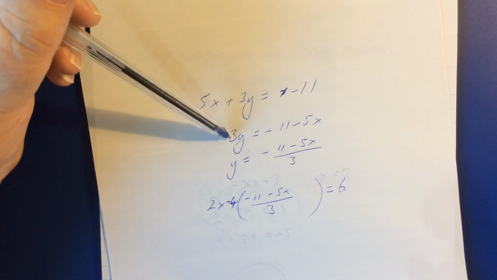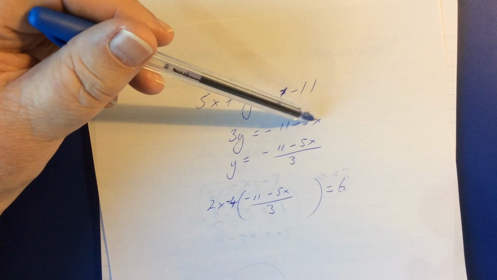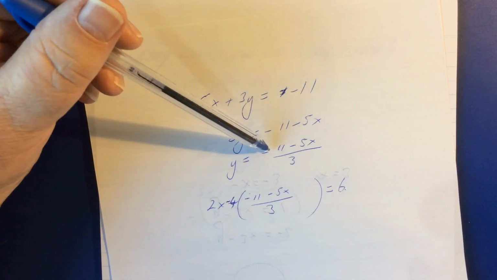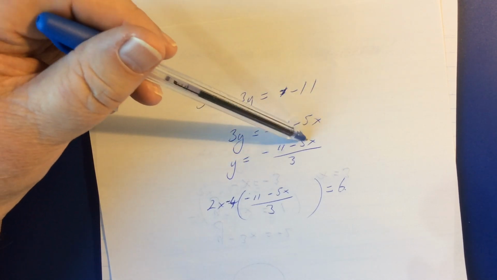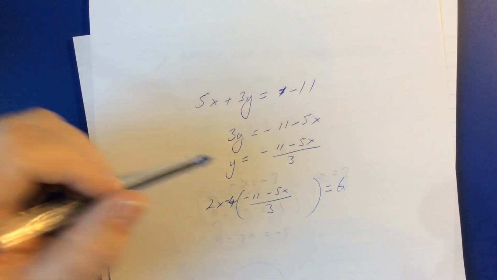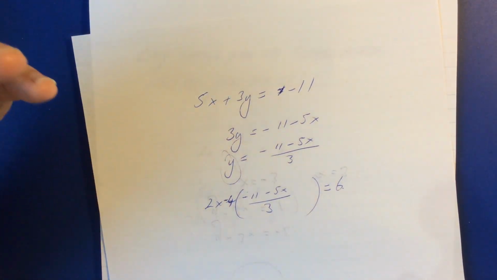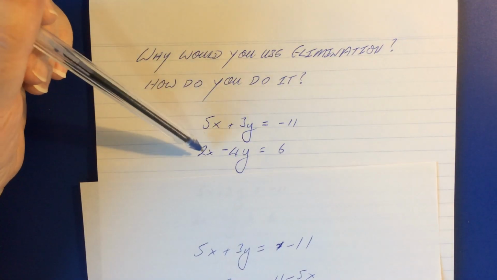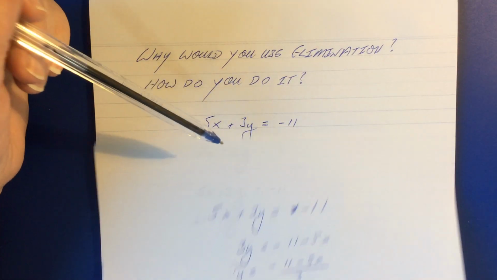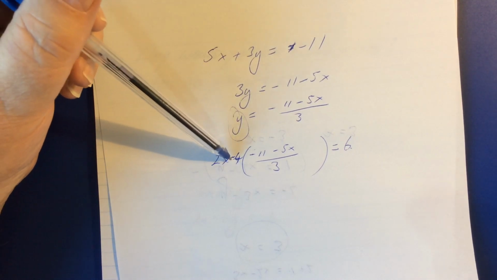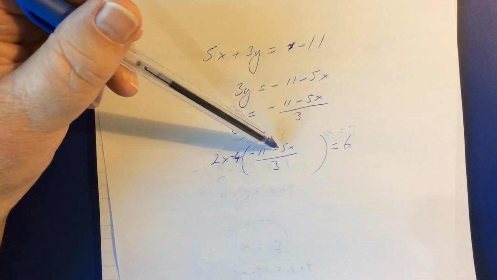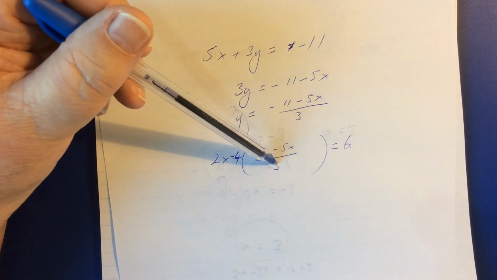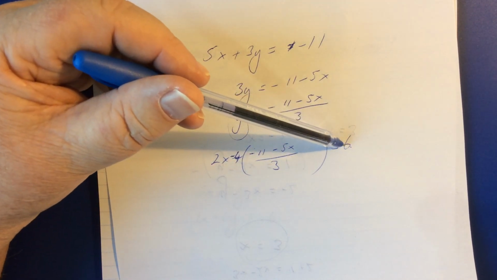With a little bit of rearrangement, you get 3y equals negative 11 minus 5x, and y is equal to negative 11 minus 5x over 3, which means that you have got an expression for y. Now, if you were to substitute that into, say, this equation, what you would get is 2x minus 4 times negative 11 minus 5x over 3 equals 6.